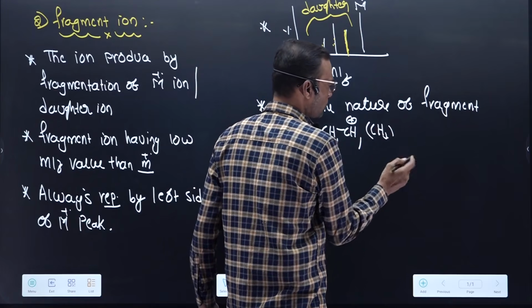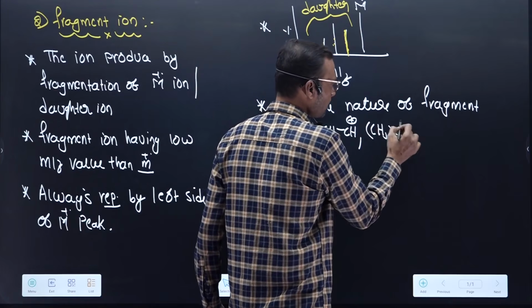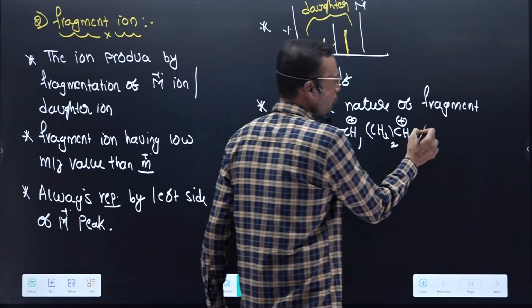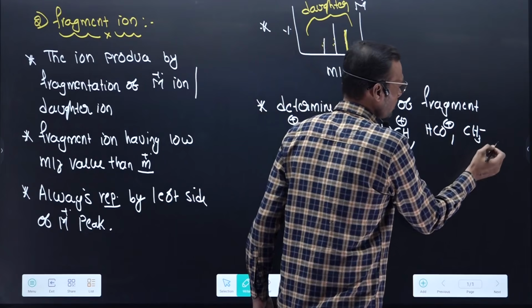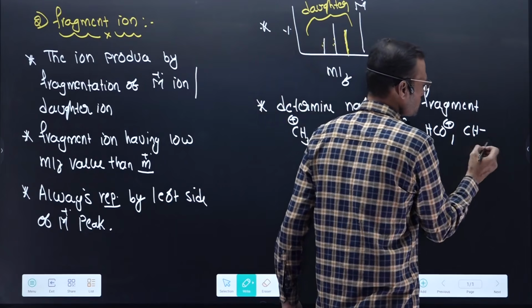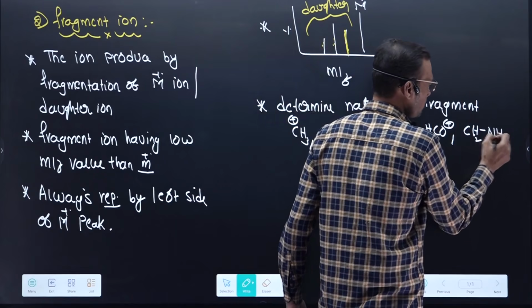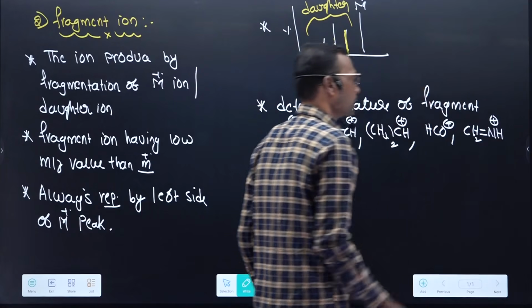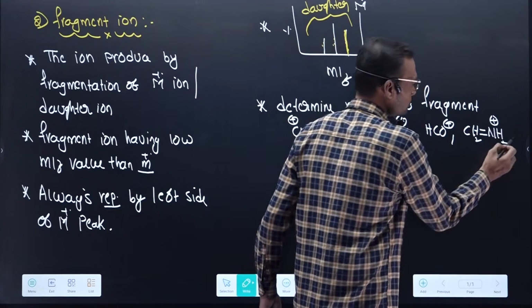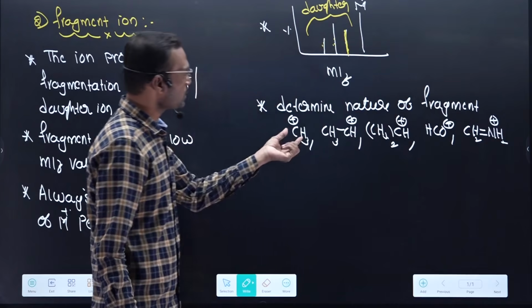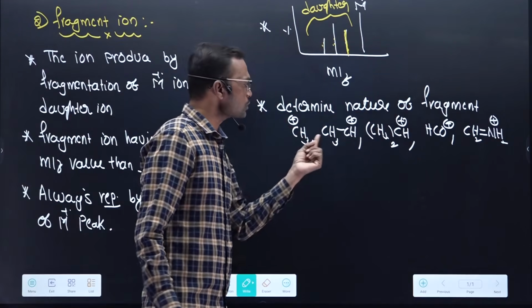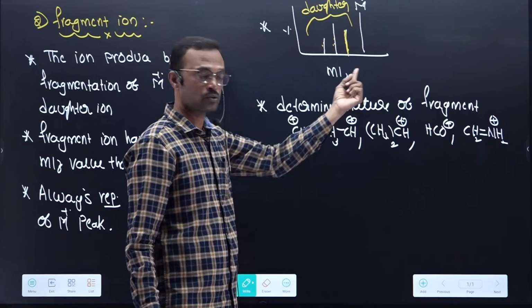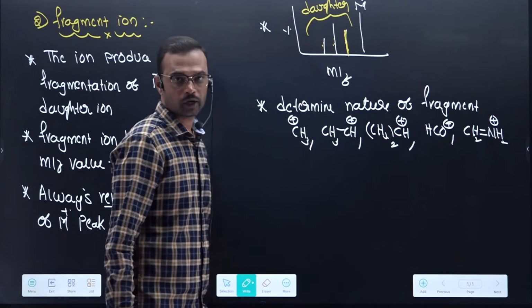What type of cation is present within the fragment can be determined based on the m/z value. Okay, formyl group CO+, and even you can take a fragment which is producing a double bond like this. You can write any fragment here like this. So if this kind of fragments are present within the molecule, those fragments will be removed out. So we can identify the structure of the fragment within the molecule. So I can explain the nature of the fragment.